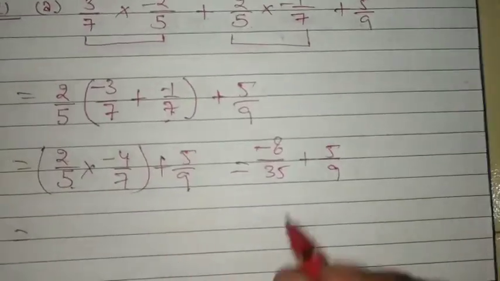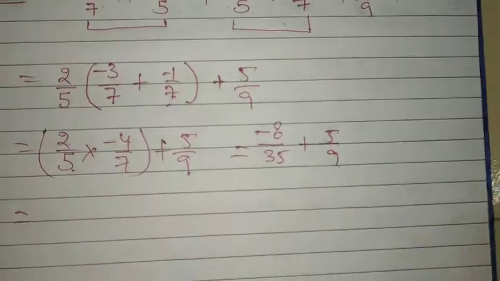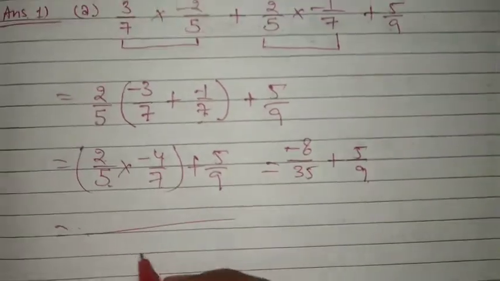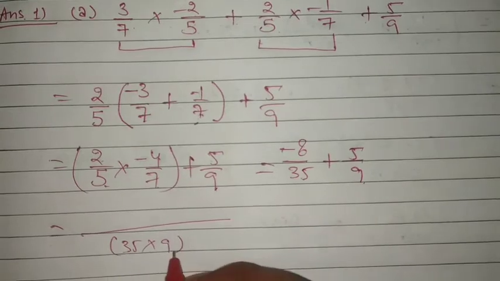We need to find the LCM of 35 and 9, and the LCM of 35 and 9 will be 35 into 9. You can check this.